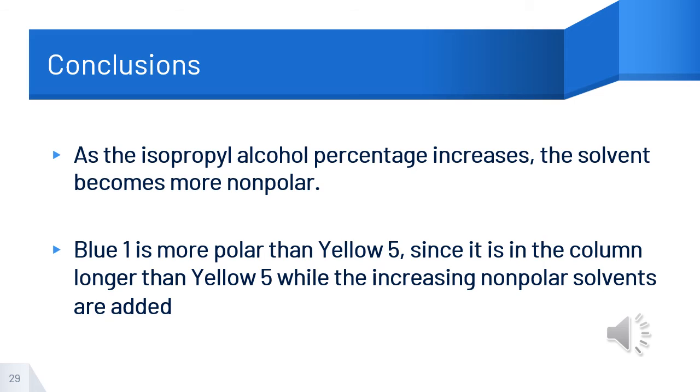So my conclusions are, as the isopropanol alcohol percentage increases, the solvent becomes more nonpolar. Blue 1 is more polar than yellow 5 since it is in the column longer than yellow 5, while the increasingly nonpolar solvents are added.